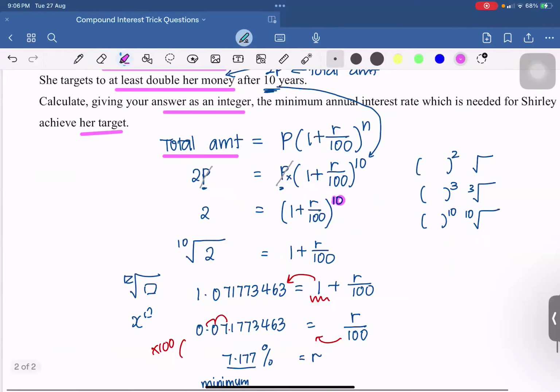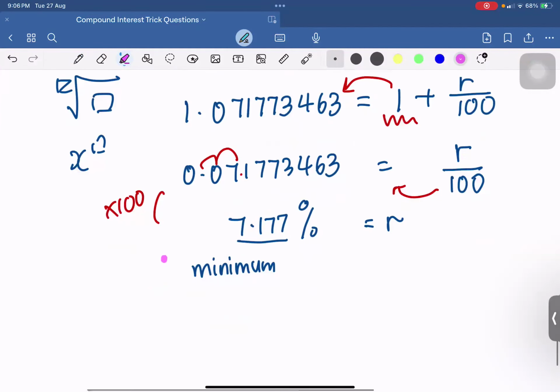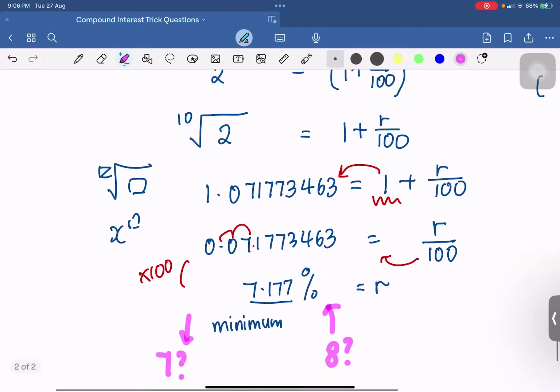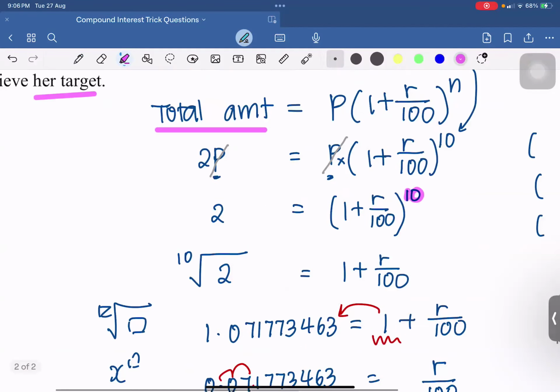Question: am I going to round this down to 7, or round this up to 8? Round up. Why must we round up? Why can't we round down? If I round down, I cannot get it. I have this number, which is exactly 2 times, not the double.